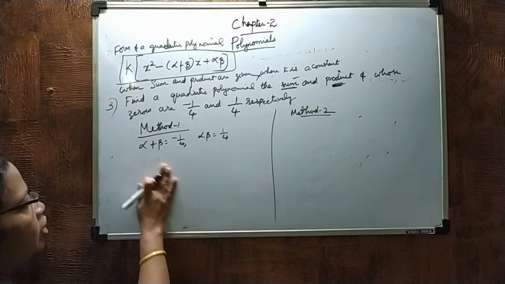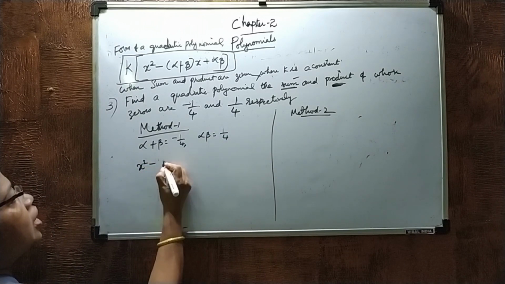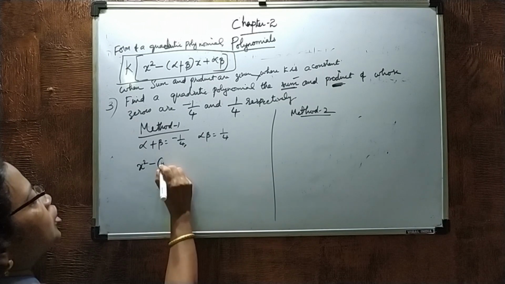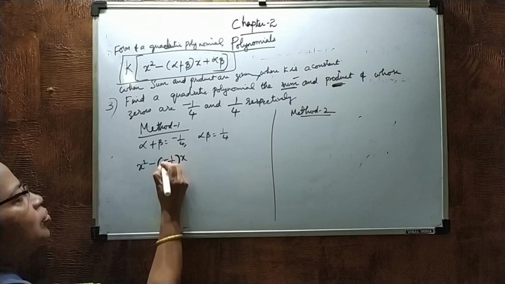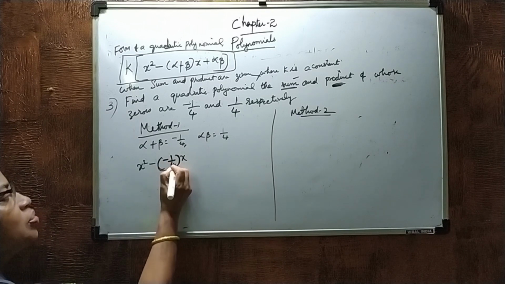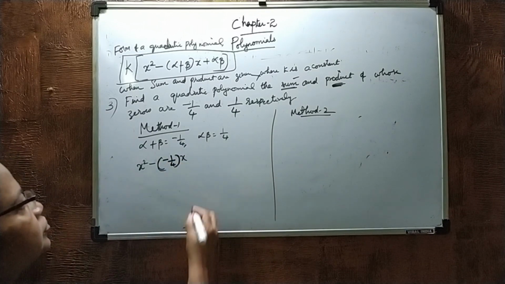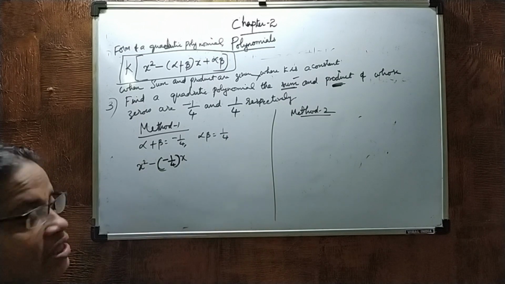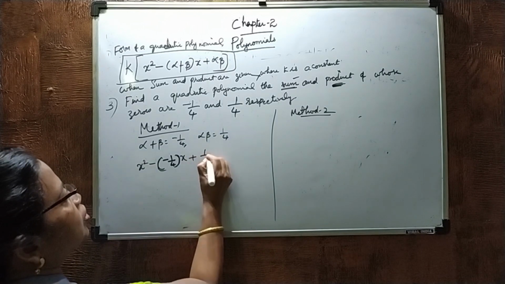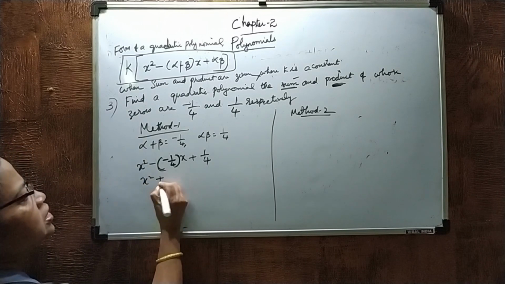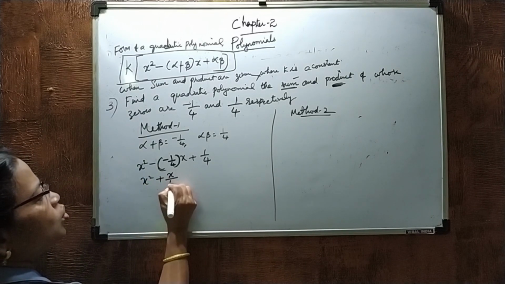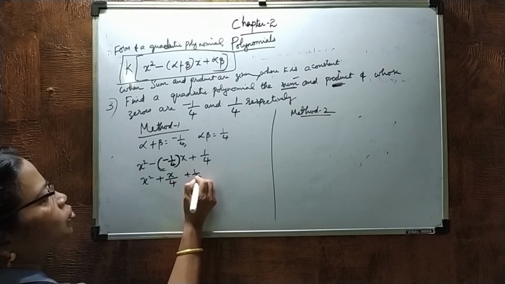Now I have to apply x square minus alpha plus beta, meaning negative 1 by 4 into x. I put it in brackets because here the negative sign is there, and then already it is minus there. And then plus 1 by 4. So it will be x square plus x by 4 plus 1 by 4.